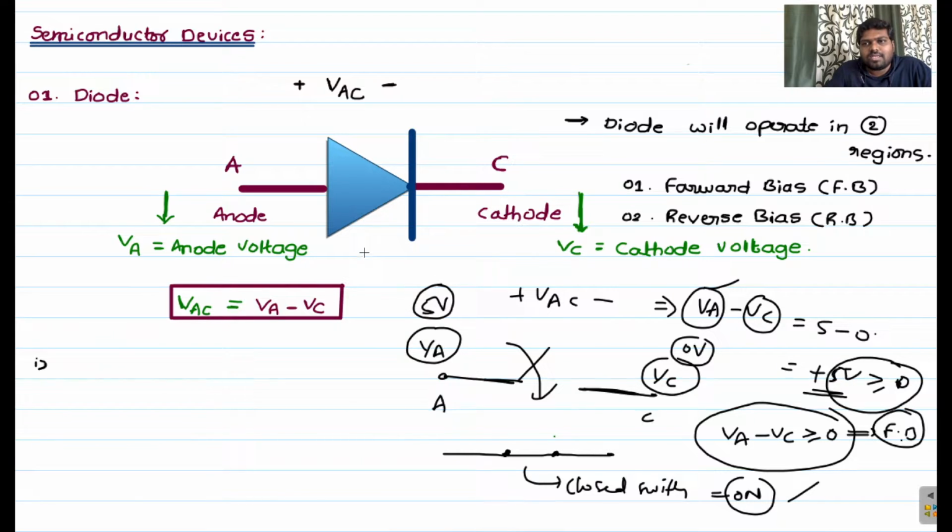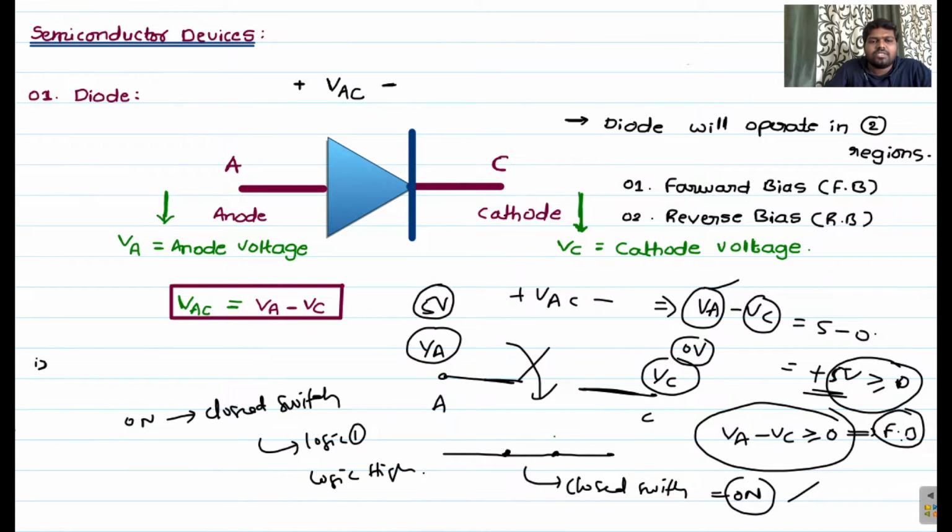If you consider this diode, when the difference between these two terminals is greater than or equal to 0, it acts in forward bias condition, and in this forward bias condition it will act as an on switch. That means on state. This on state should be considered as logic 1, as a closed switch, otherwise logic high.